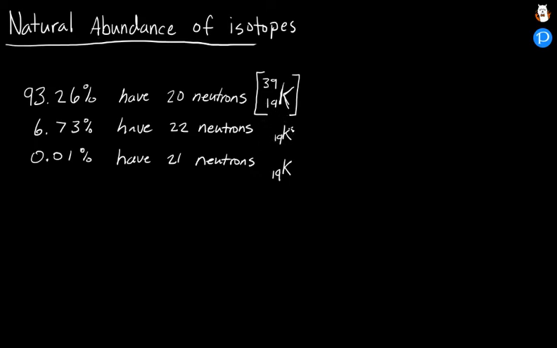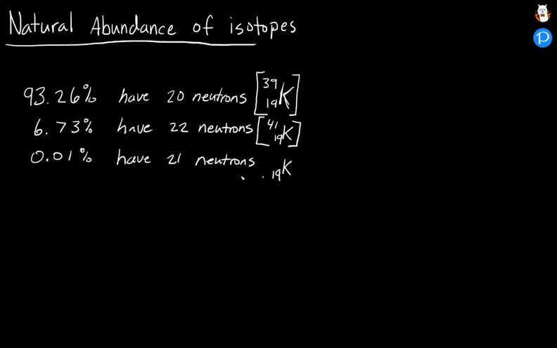The next most abundant one would be this guy here. So 19 plus 22, that's going to give us 41. So for K41, that isotope of potassium, it's 6.73% abundant. So 6% of the time, it's going to be K41. And then the very smallest abundance here is going to be this isotope.